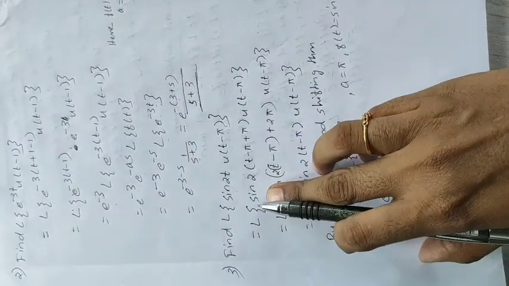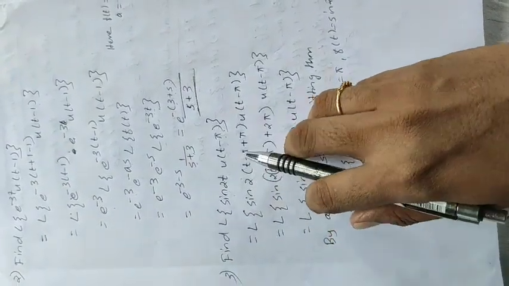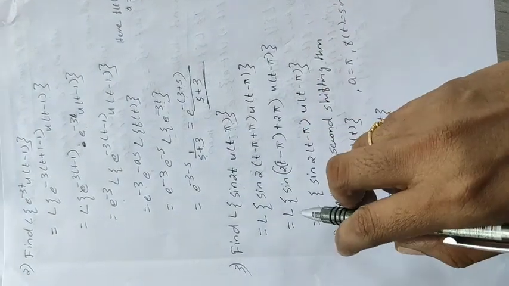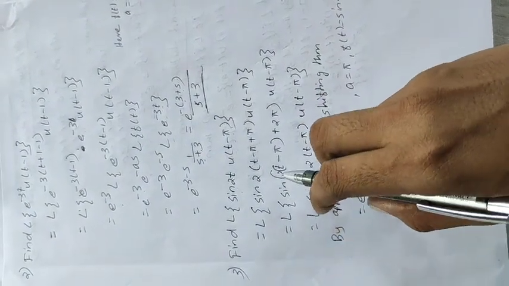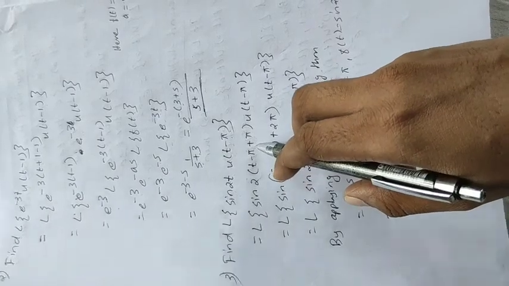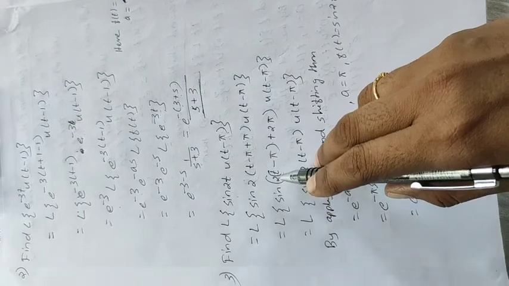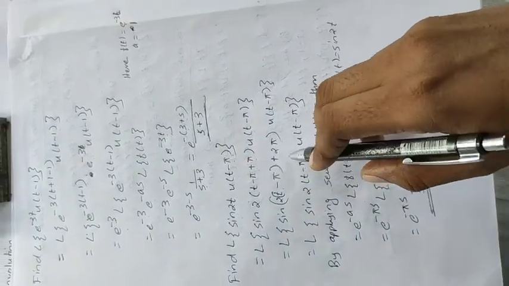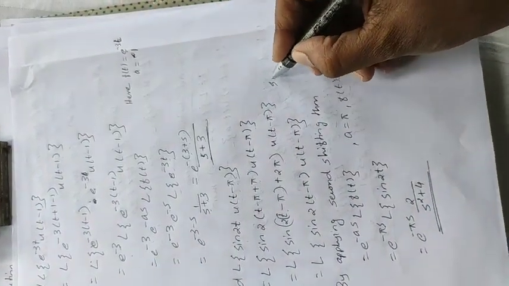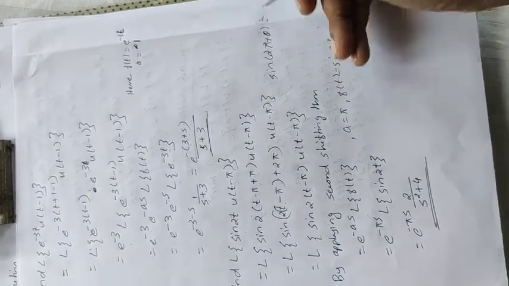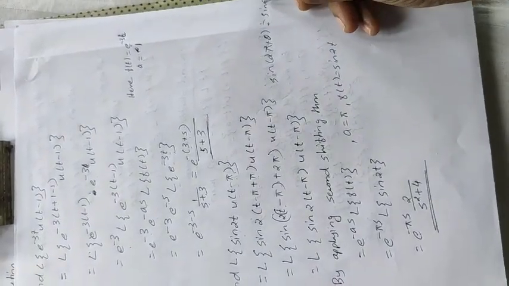So L of sin 2 into (t minus pi plus pi) into u of t minus pi, that is L of sin (2 into (t minus pi) plus 2 pi), and this is of the form sin of 2 pi plus theta. We know that sin of 2 pi plus theta is sin theta itself.